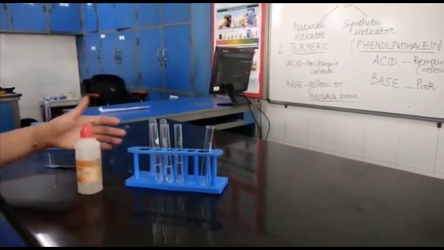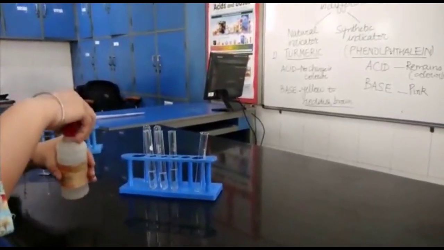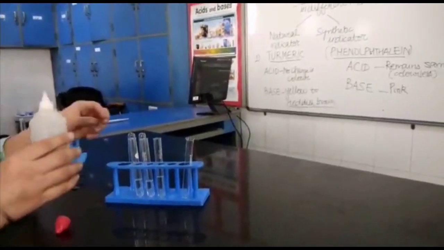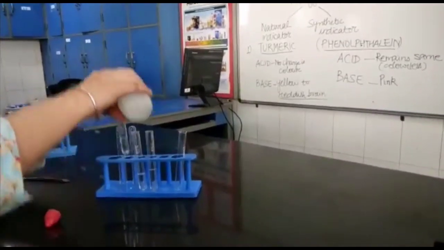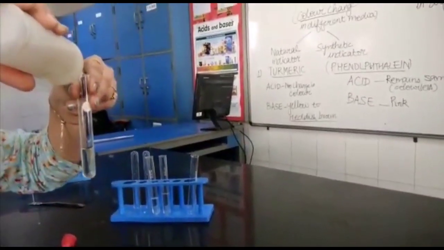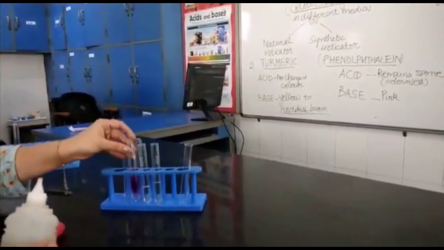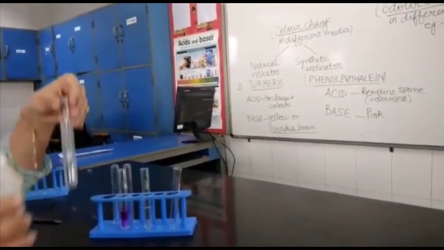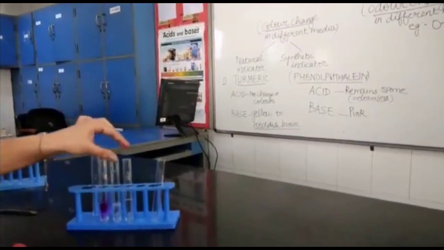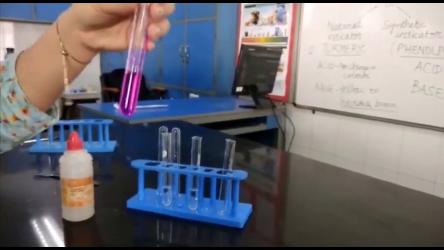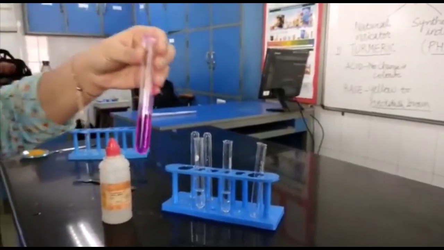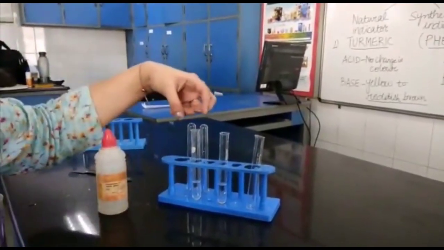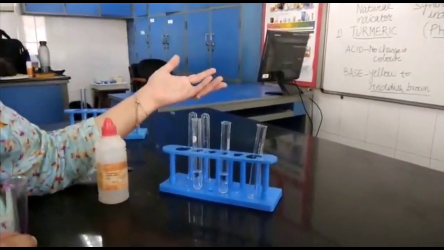To find out their nature, we would be adding a drop of phenolphthalein in all of the test tubes. The test tube in which the phenolphthalein turns pink confirms the presence of a base. That means in the rest of the test tubes, we may either have an acidic solution or a neutral solution.